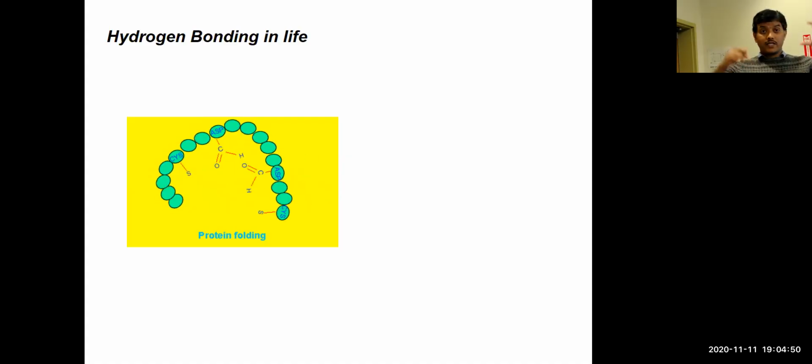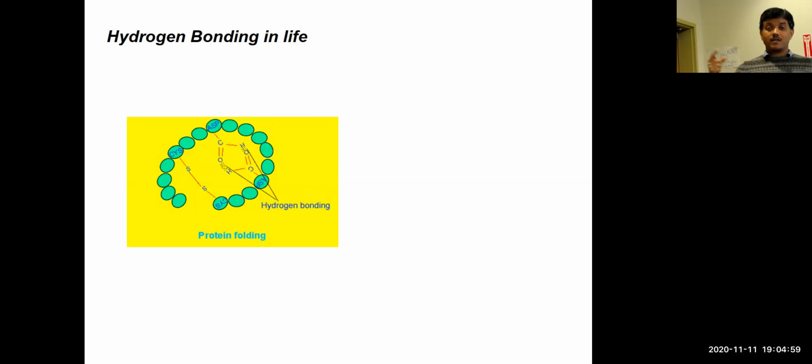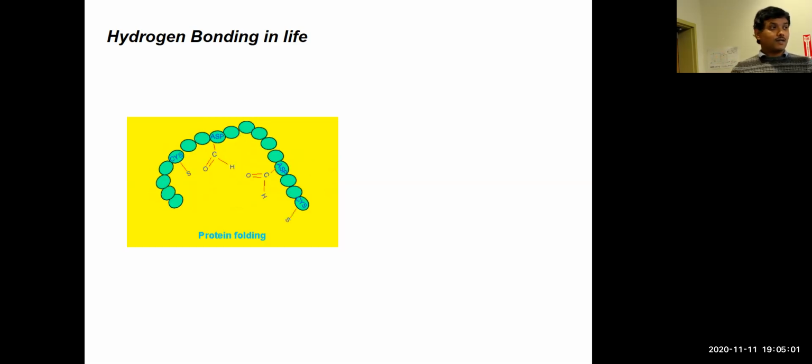Here you're seeing an example of protein folding with the help of hydrogen bonding. Now, protein is an amino acid structure. I guess this is when I get the attention of biology, biochemistry, and anatomy physiology students, because I'm discussing proteins.